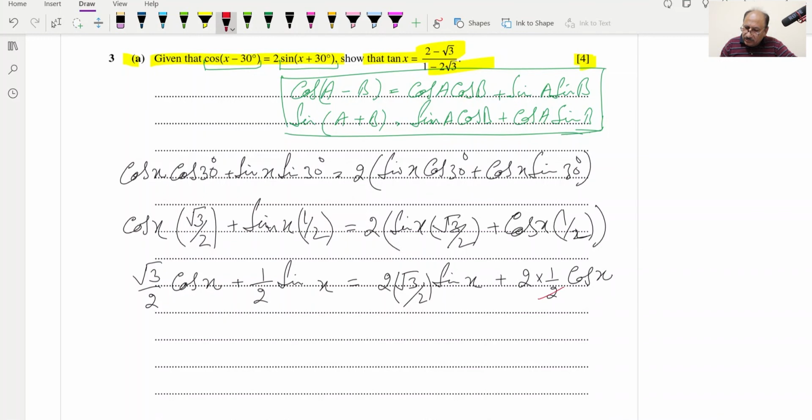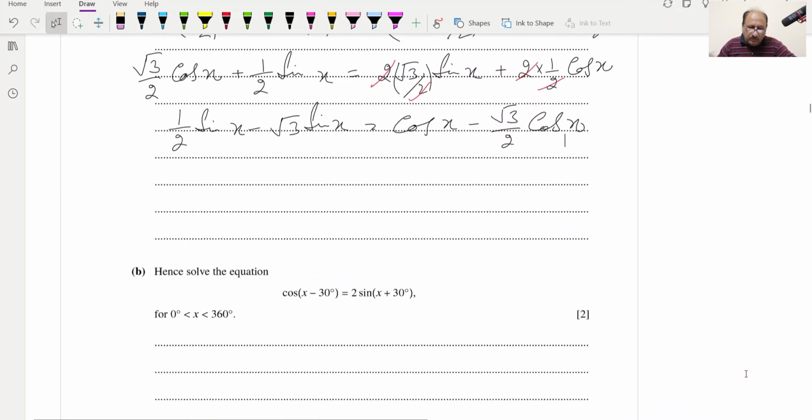Now we can cancel this 2 and this 2, and further we can shift sine x to this side, so our equation will become 1 by 2 sine x minus under root 3 sine x, and the cos x we can shift to the other side, so it will be cos x minus under root 3 by 2 cos x.